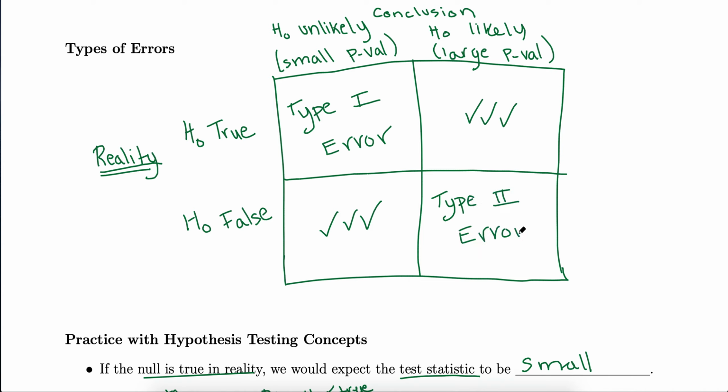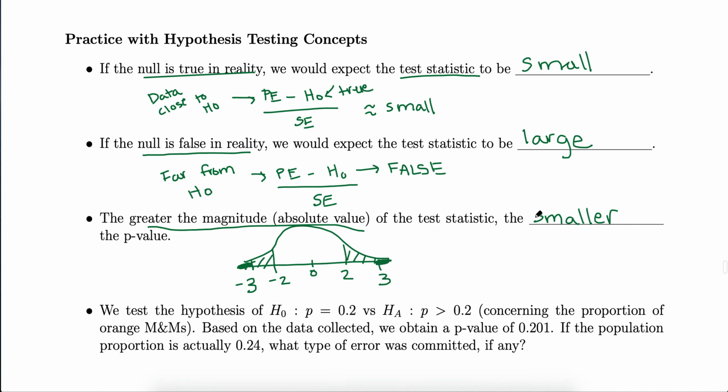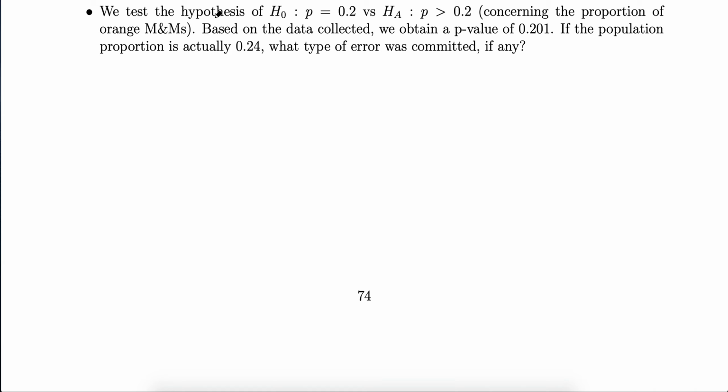All right, so know those definitions, and let's check out one example related to this. So at the bottom, revisiting one proportion hypothesis test, this concept applies across all hypothesis tests. It says we've obtained a p-value of 0.201, and remember what that means in terms of our conclusion. 0.201 is a larger p-value, meaning we can't rule out the null.